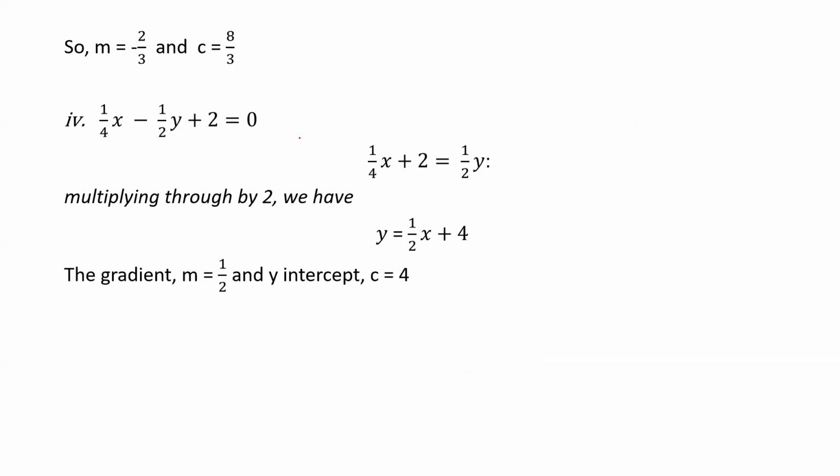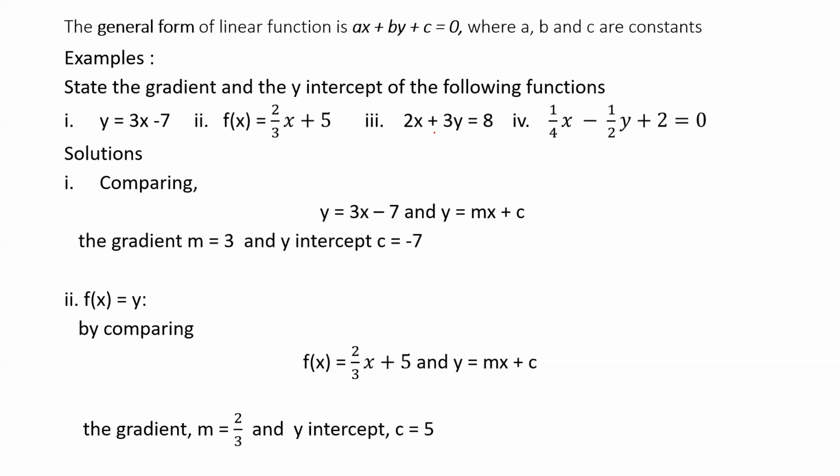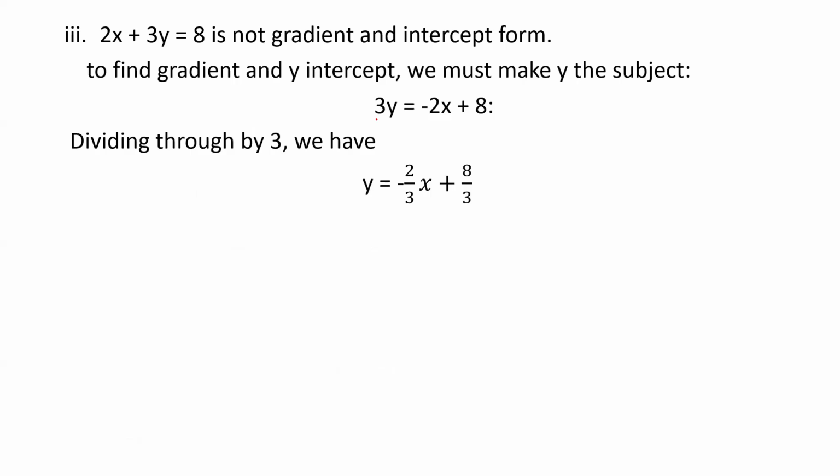All right, sir. Okay. So if you look at this equation, 2x plus 3y equals 8. Now here, if you want to find the gradient and y-intercept, it means we have to make y the subject. I think last week we did something like that. By making y the subject, we take the 2x to the other side, and we get 3y equals minus 2x plus 8.